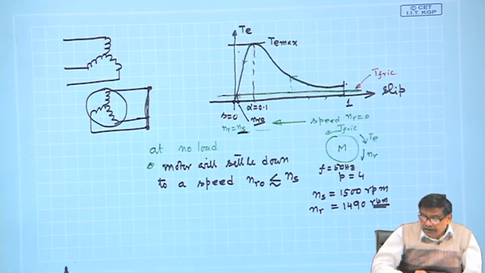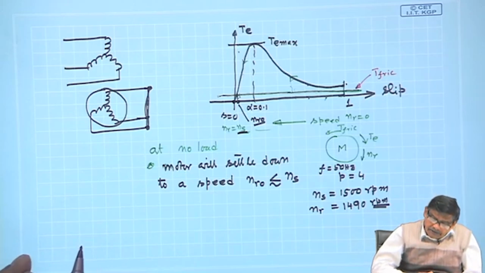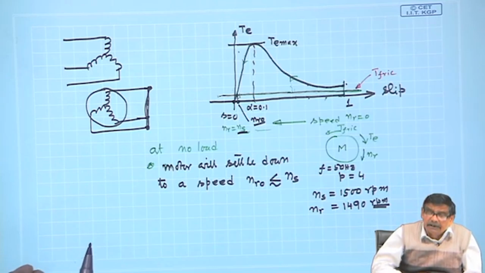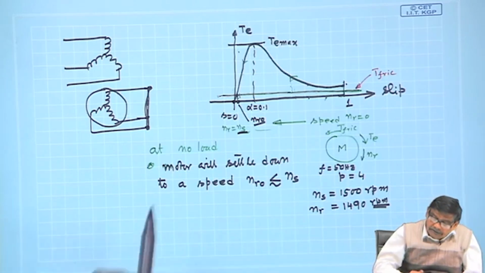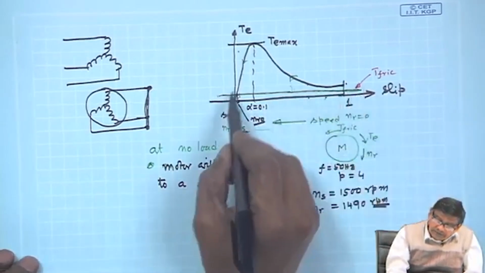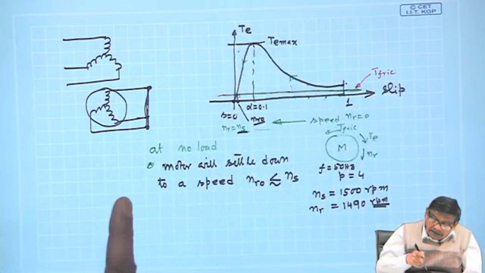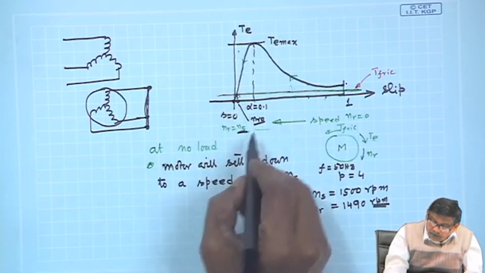That is why we tell the slip of the machine can vary from 0 to 1 for motoring mode, and synchronous speed that it will run is not a practical proposition, because there will always be some, however small it is, some frictional torque, and the intersection of this opposing torque and this torque slip characteristics will determine the operating point under no load condition.